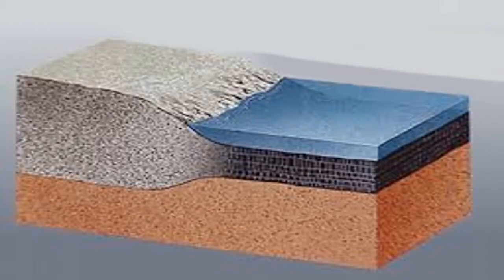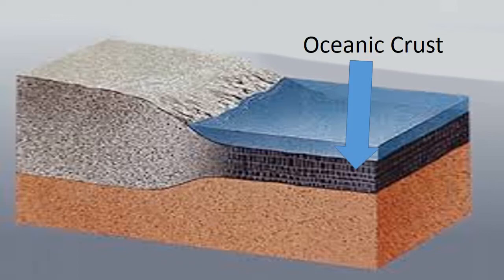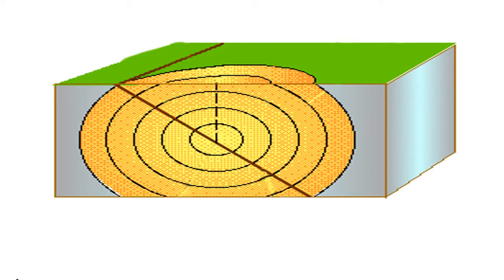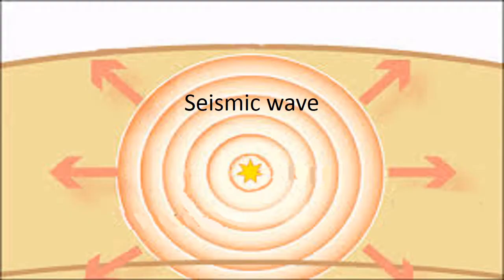In summary, there are two types of crust: oceanic and continental crust. Earthquake is a vibration in Earth's crust caused by the sudden release of stored energy in the rocks found along fault lines. Seismic waves are generated from earthquakes.